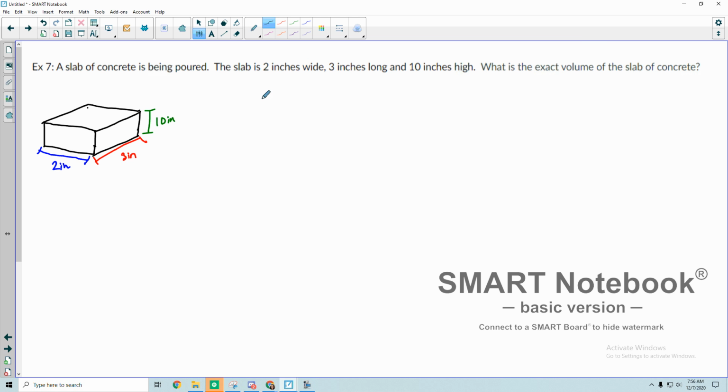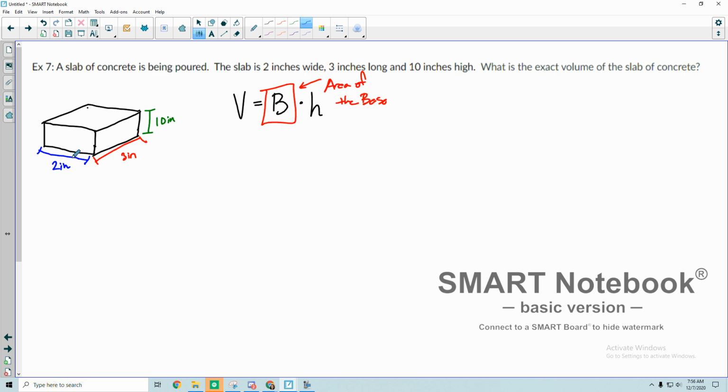Well, this is pretty easy because I know that for a rectangular prism, remember we just have to take all three of those numbers and multiply them together. Since our formula is this, the volume equals the base times the height. Remember the B stands for the area of the base. Okay.